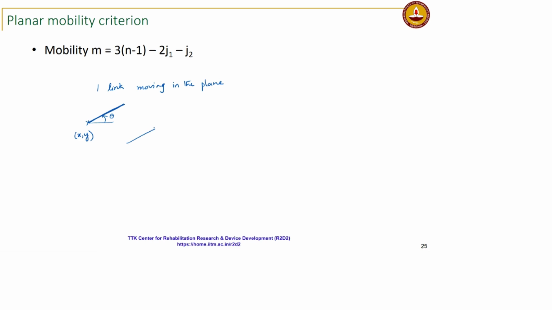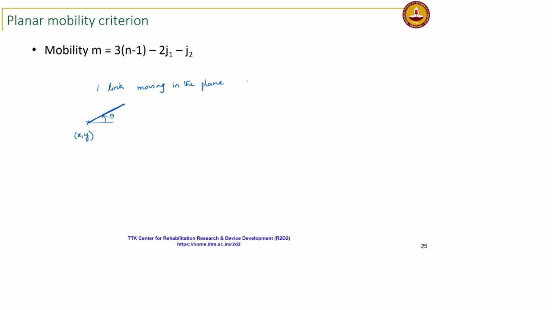What if I take these two coordinates x1 y1, x2 y2? There is a constraint. I have 4 quantities, but the distance between those 2 points remains the same. That is a constraint on the link. So, again I only need 3 independent quantities to specify the location of the link.